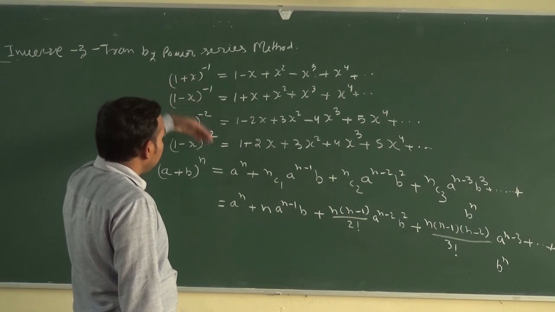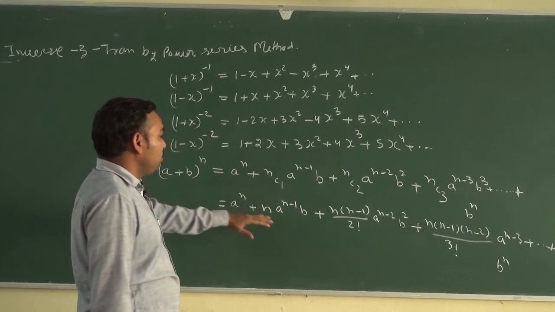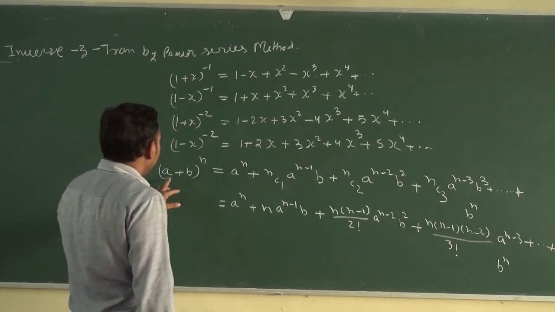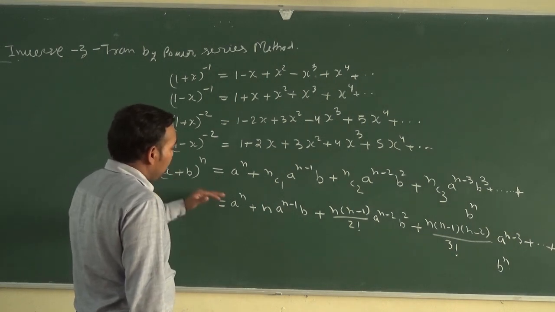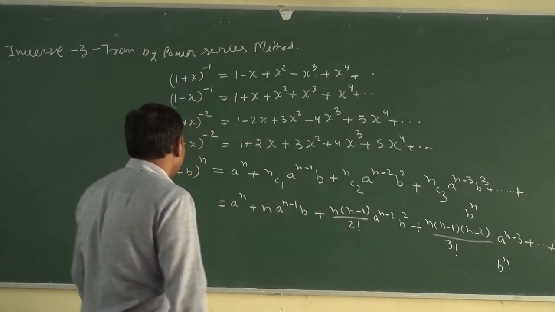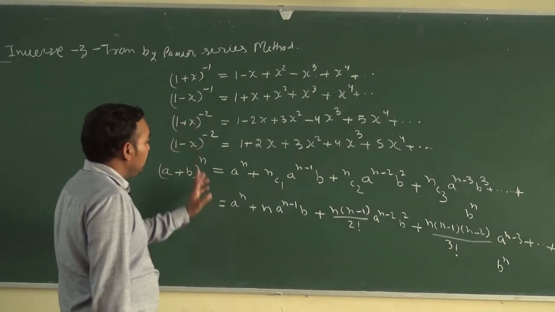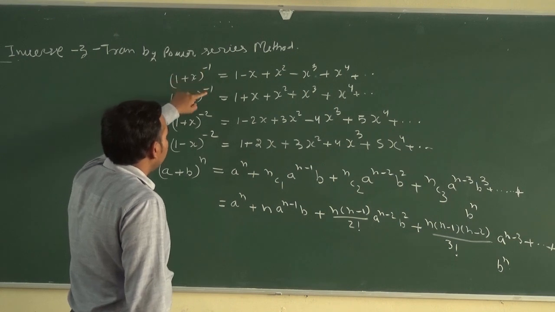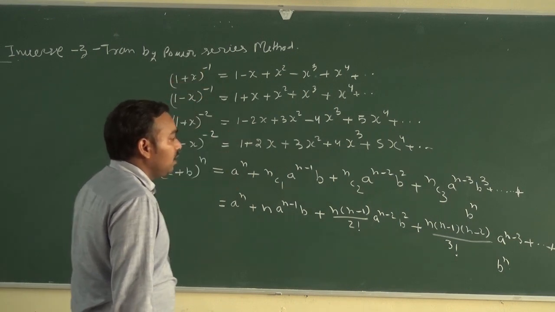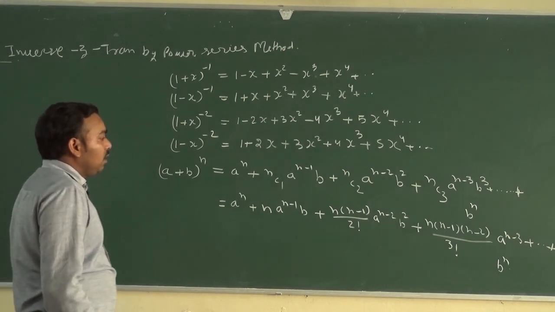All these formulas are derived from this. If we write a equal to 1 and n equal to minus 1 or minus 2, we get these formulas.